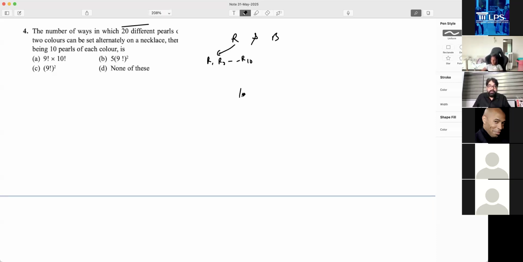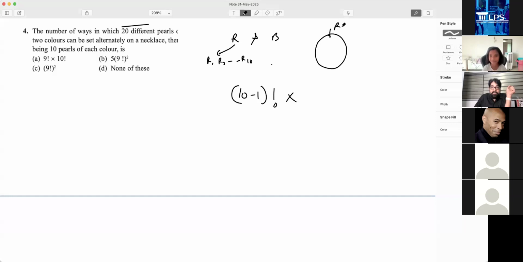So this can be done in how many ways? For the red, I put 10 minus 1 factorial, into now blue. For the blue, there is no circular arrangement.